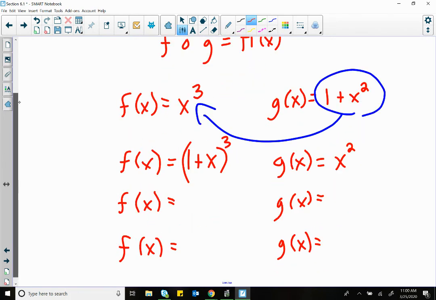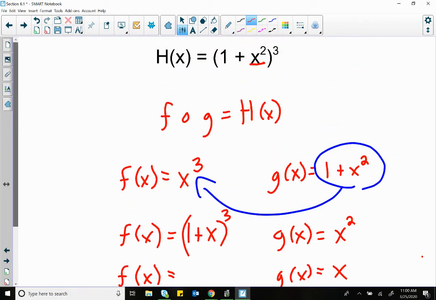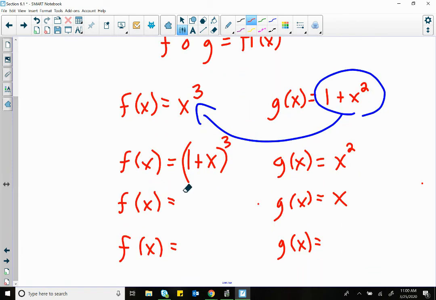Why don't we just let this g of x be x, and then all I got to do is plug into the equation, which would look like this. Again, this is just the cheap way of doing this. So that would be my f of x. Again, because if I take x here and plug it into this guy, that would just be the same thing over again, because I'm not changing anything here.